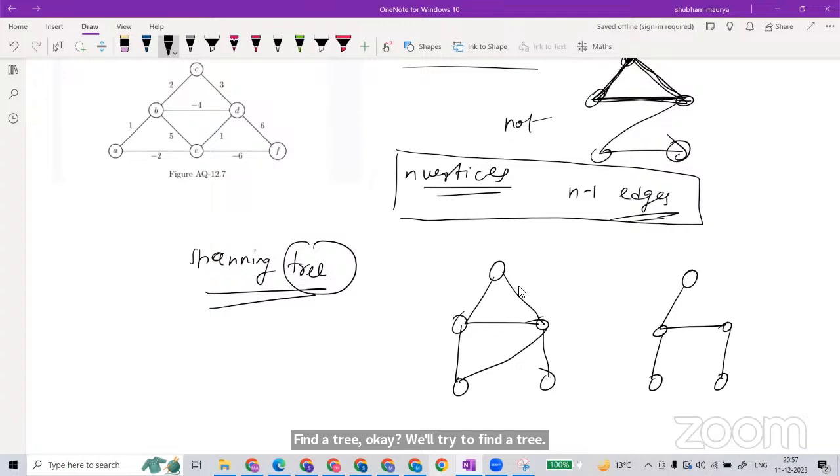This is a tree, as it is connected and does not contain any cycle, and it is called a spanning tree.